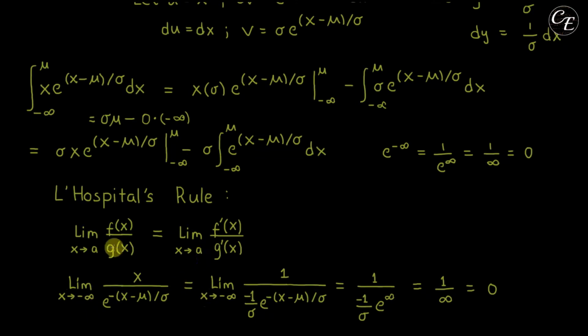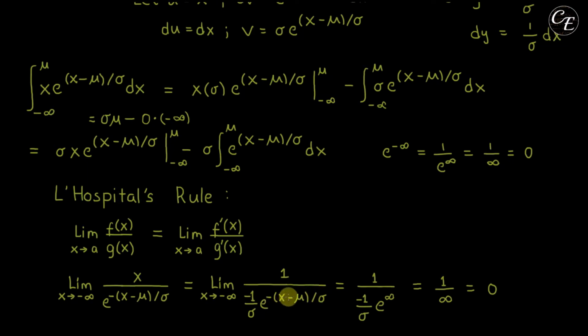Then using this L'Hospital's rule, we have limit of the derivative of x is 1, and for the derivative of this one, for the exponent we have negative 1 over sigma, which is this one. Then we have e raised to this one, which is this one. Then substituting this negative infinity for x in here, we have negative infinity minus constant is still negative infinity, and negative infinity divided by constant which is greater than 0 is still negative infinity.